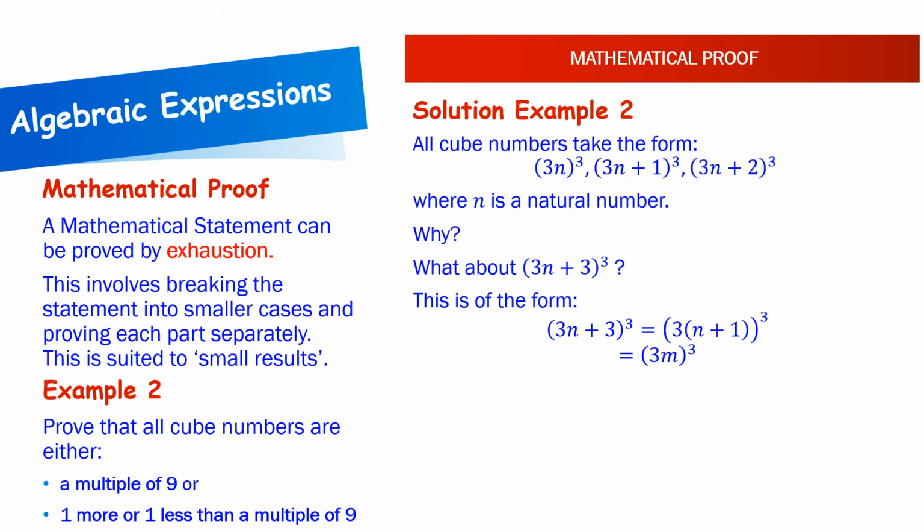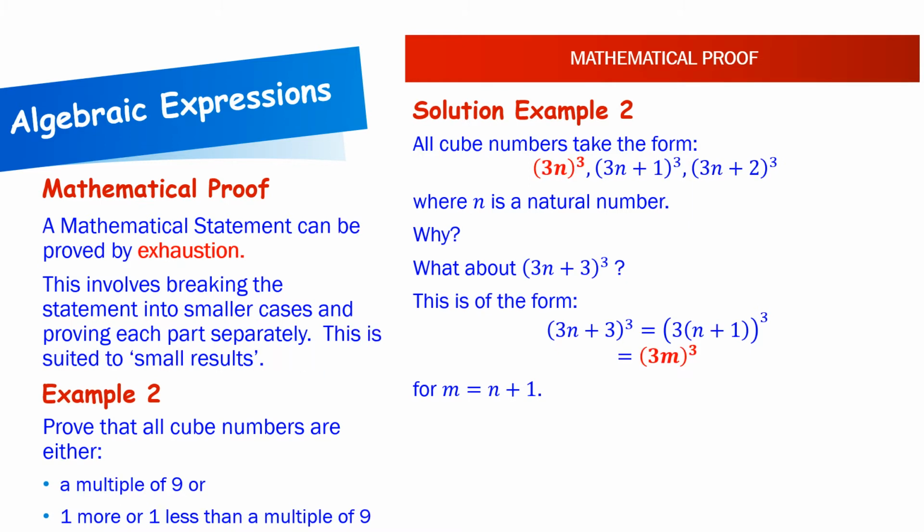But notice that this is the same as saying 3m all cubed, where m is equal to another natural number, n plus 1. In particular, we're saying that 3n all cubed and 3m all cubed are in the same format.